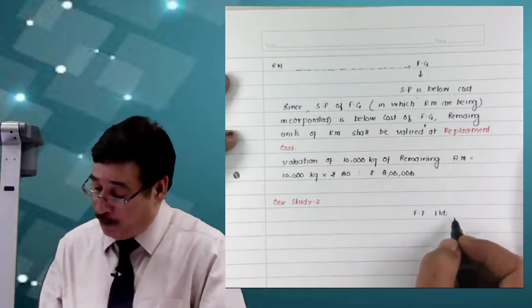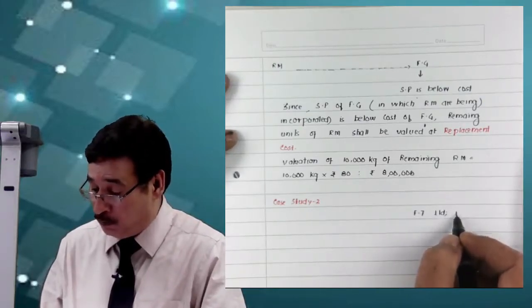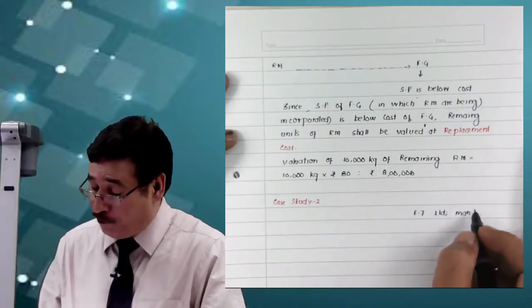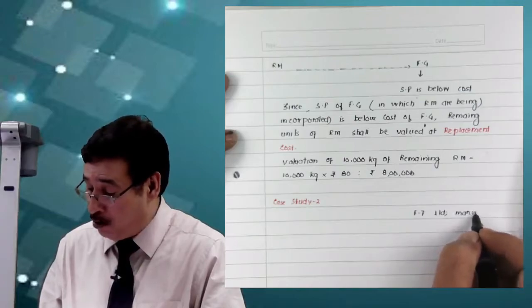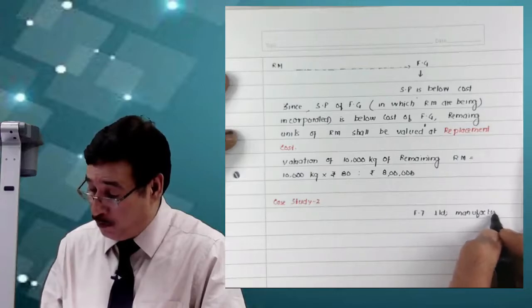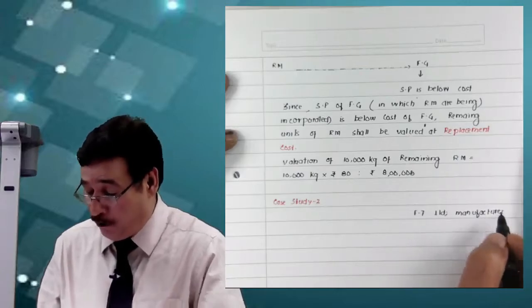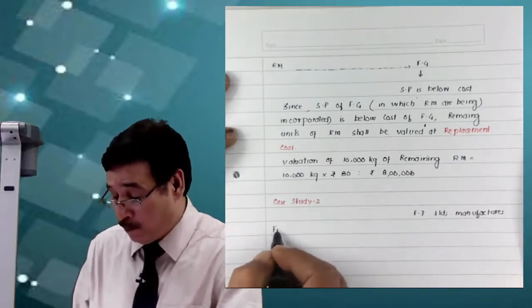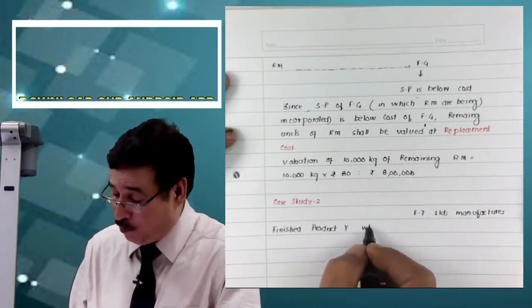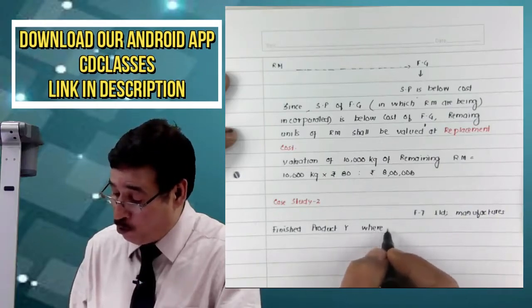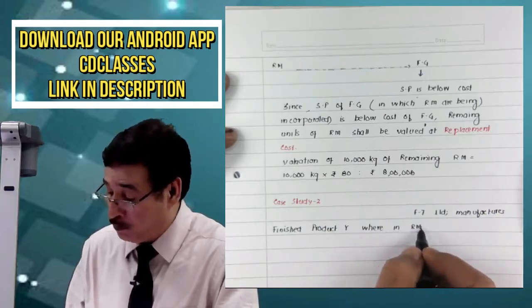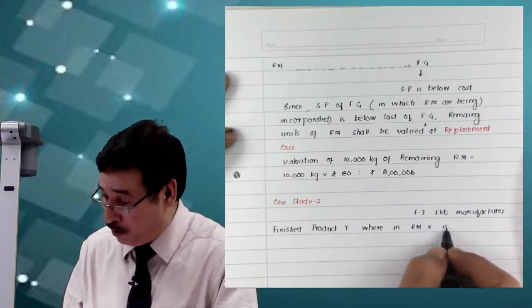F7 Limited manufactures. No, I'm framing it by myself. F7 Limited manufactures finished product Y, wherein raw material X is used.